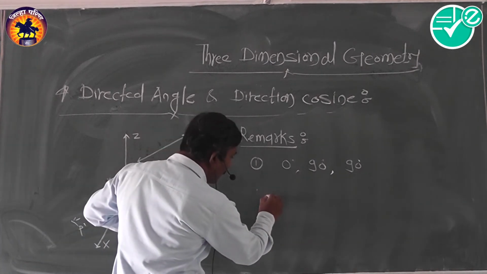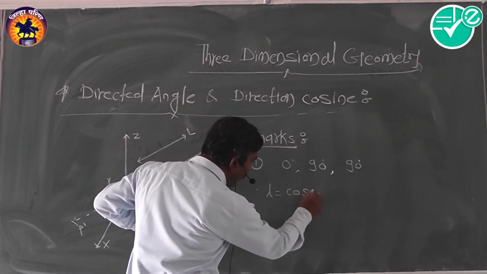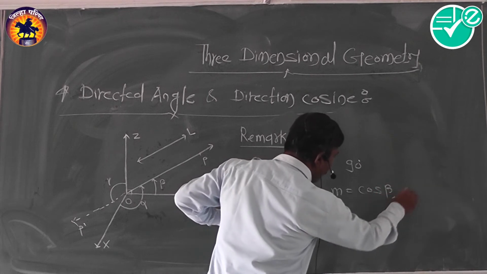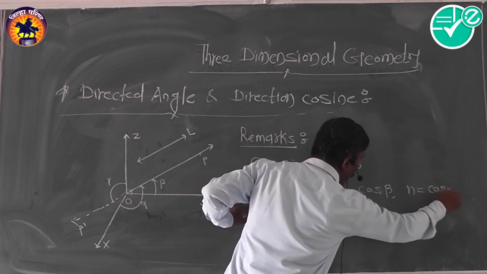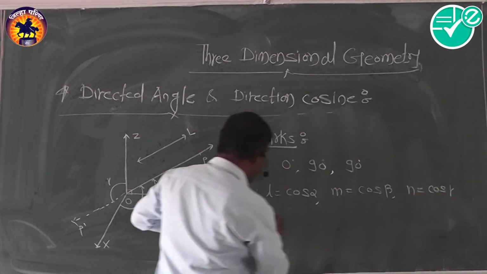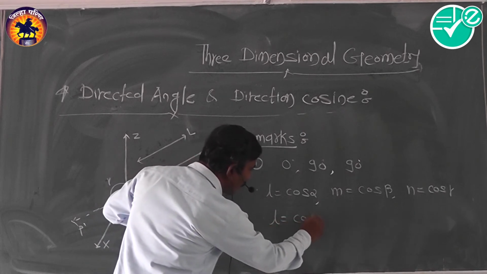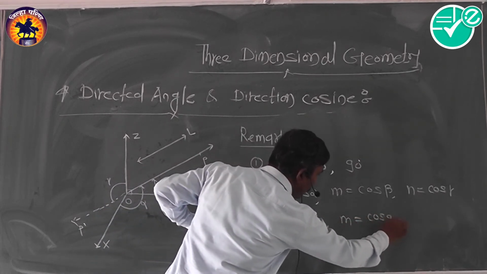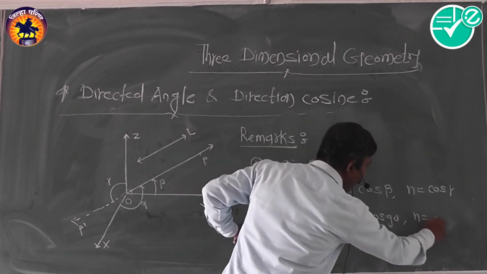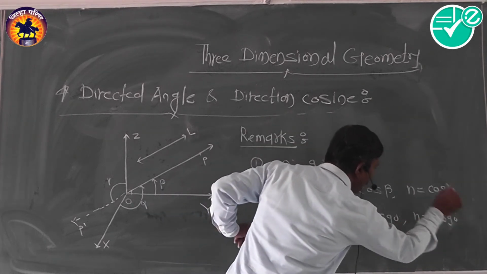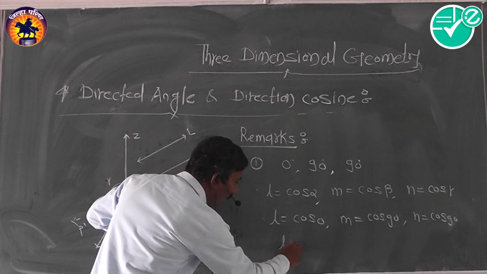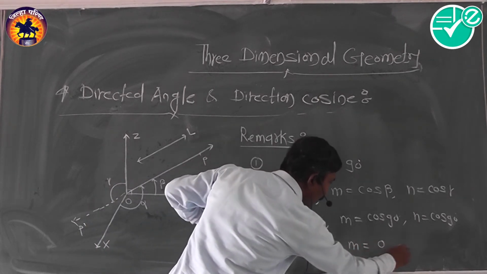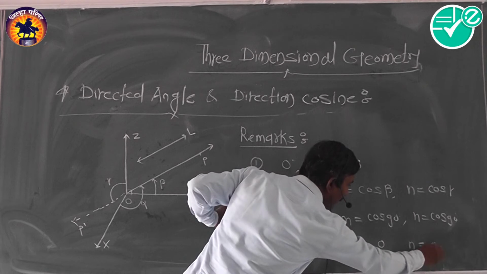So the direction cosines of the x axis are l is equal to cos alpha, m is equal to cos beta, n is equal to cos gamma. Therefore l is equal to cos 0, m is equal to cos 90, and n is equal to cos 90. The value of cos 0 is 1, cos 90 is 0, and cos 90 is 0.